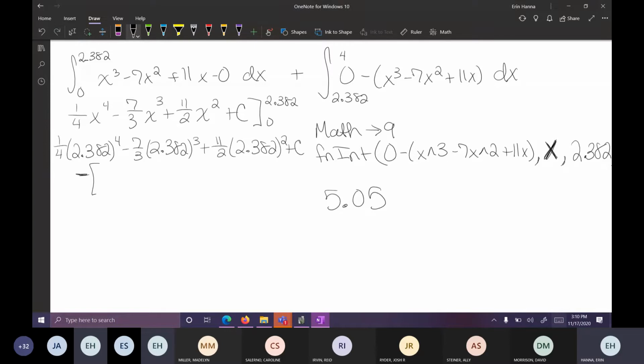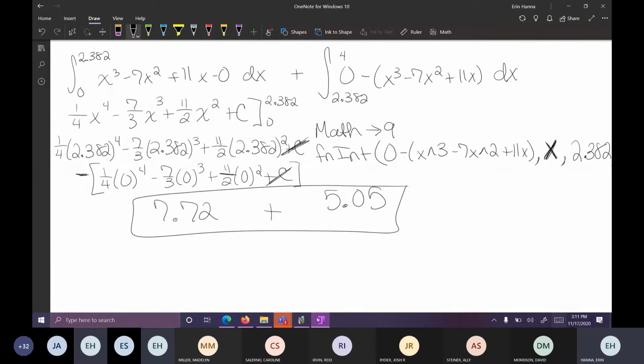And subtract, which I have to do down here because I ran out of space, what you get when you plug in the bottom bound. The C's are always going to end up canceling each other out. And if you were to punch all that into a calculator, because of course I don't expect you to do that in your brain, you should get 7.72. And then you add those two numbers together.